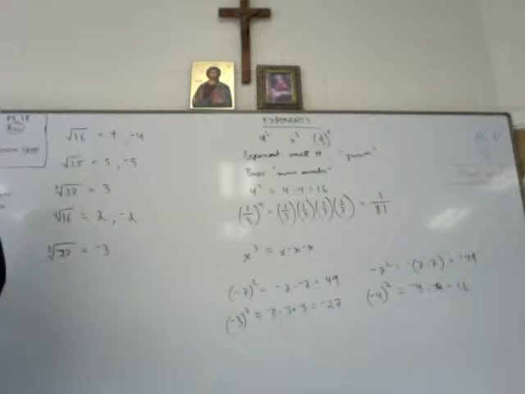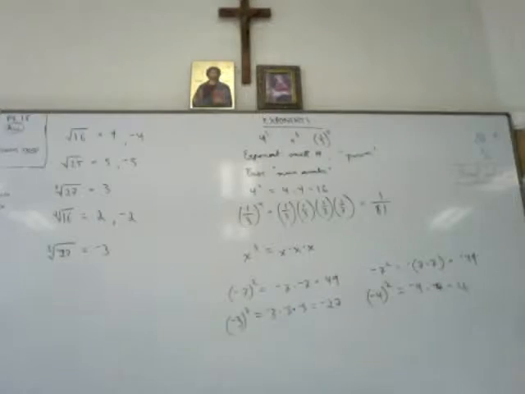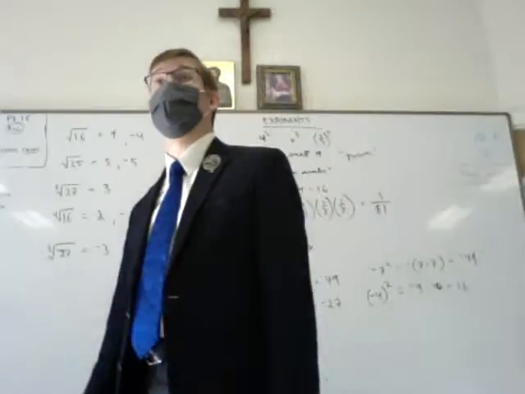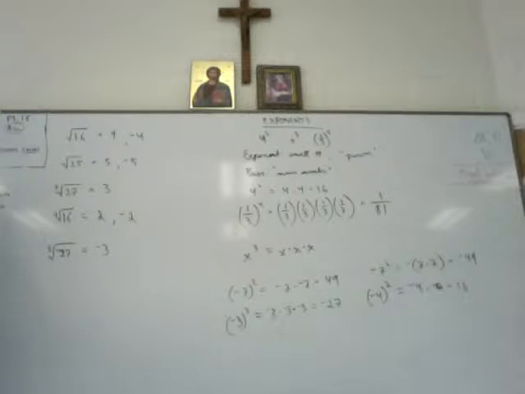When we're talking about cube roots, or fifth roots, if it's an odd number, there will only be one possible root, either positive or negative, the same as the original number. So the cube root of 125, for example, is 5. The cube root of negative 125 is -5.